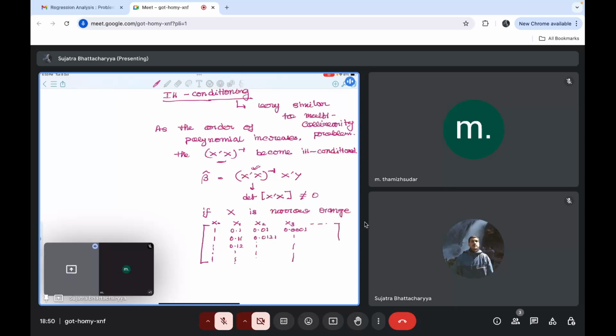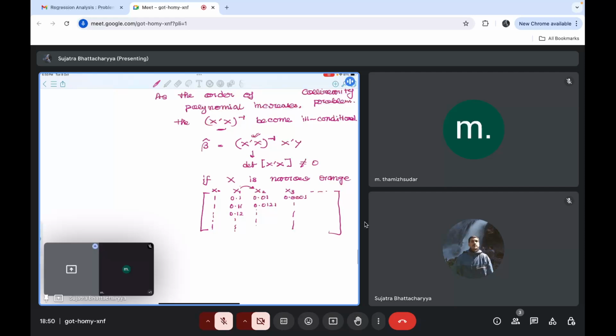As you go to higher order terms, you will see that x2 is 1 by 100 times x1. So there is a linear dependence.